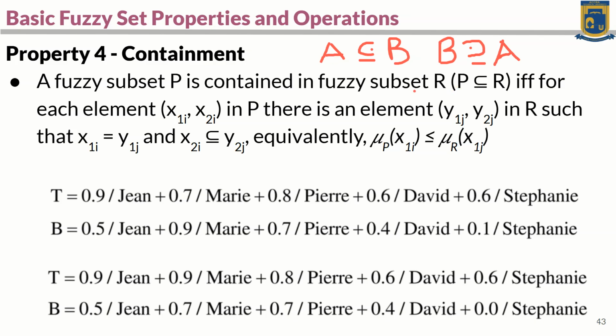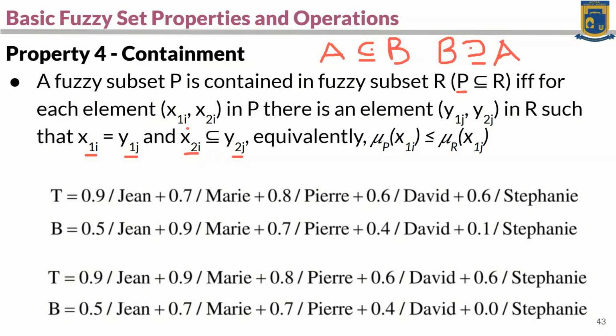So a fuzzy subset P is contained in a fuzzy subset R if and only if for each element specified in P, there's an element also specified in R, such that the members are the same and we can find this in that.